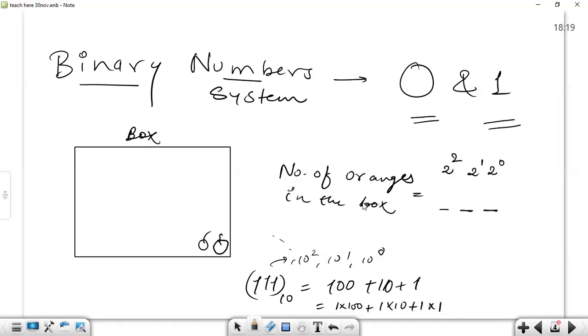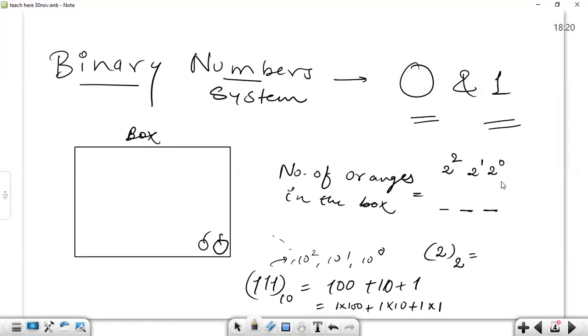Now to do the same for the binary number system, let's try to write this particular two oranges in the binary system. These are the multiples that we have to use. Is there any direct multiple that we can use here to write two?